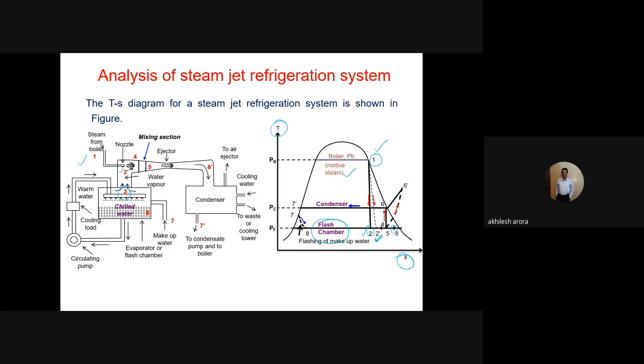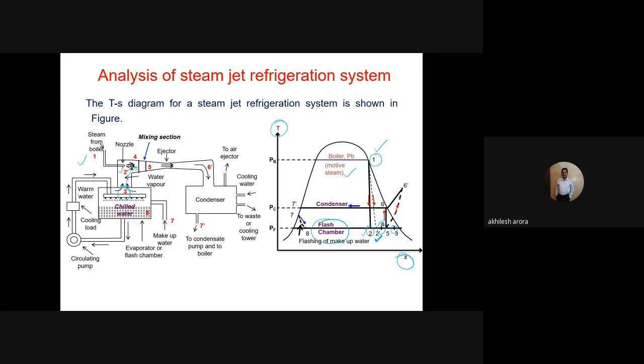When it flows a little bit further, there is some loss of energy and it reaches point number 4, and this loss of energy is because of some sort of entrainment of the vapor or the moisture from the evaporator or the flash chamber. This is taking place because of that. So the steam is now at point number 4, just before the mixing section, and the water vapor which has taken the heat from the chilled water is also at this particular point.